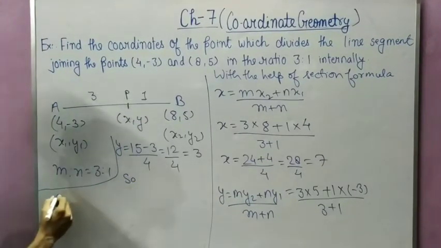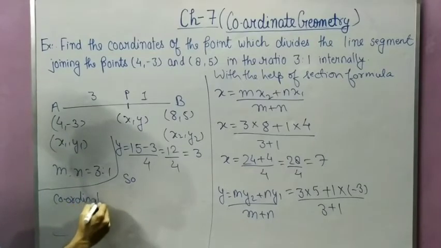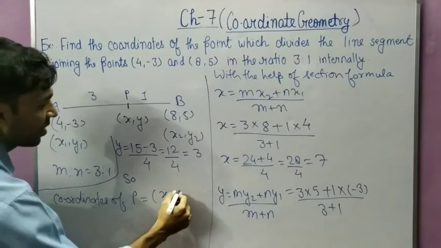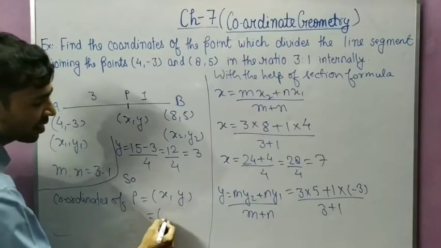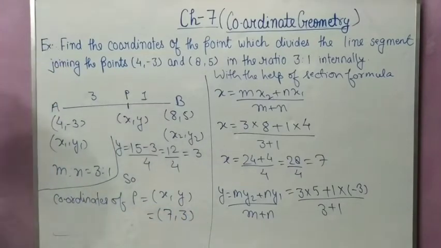So coordinates of P is equal to what? (x, y) ना स्टूडेंट. P का कोऑर्डिनेट क्या है? (x, y), and the value of x is 7 and the value of y is 3. So the coordinates of point P will be (7, 3).